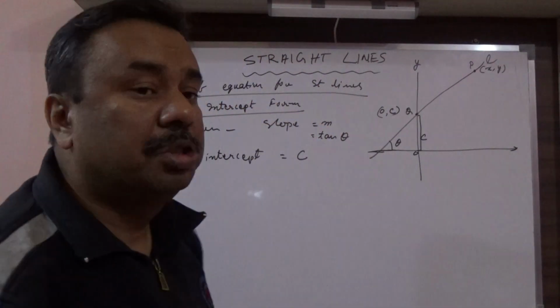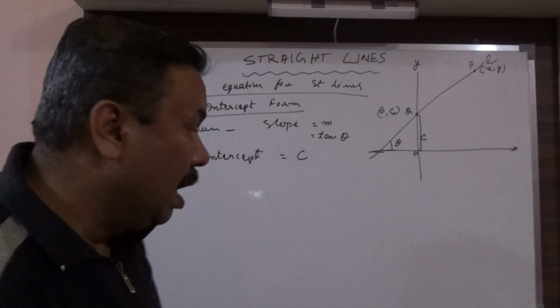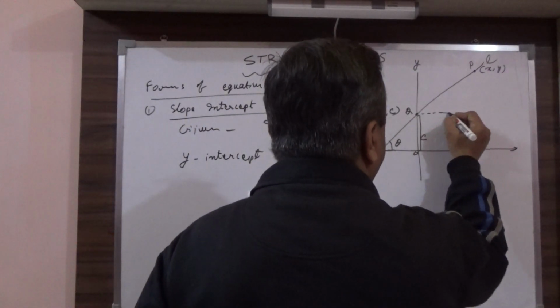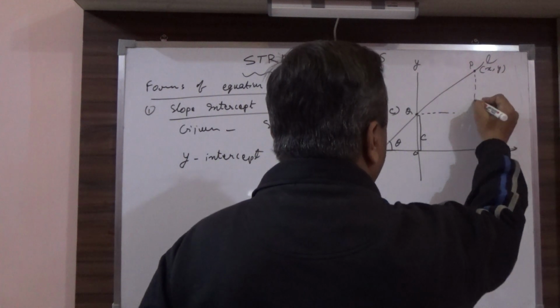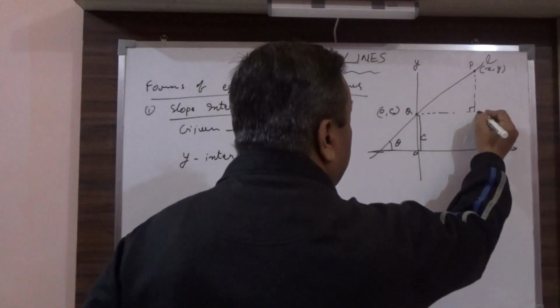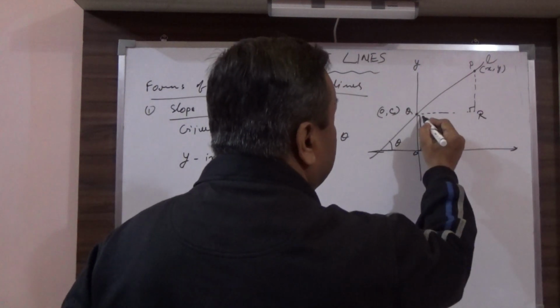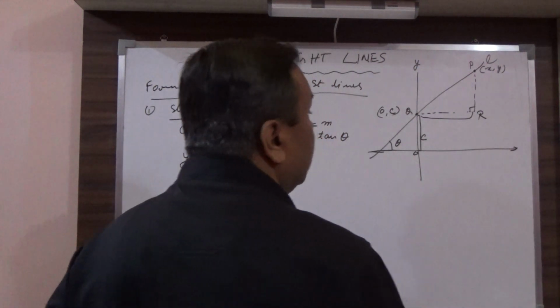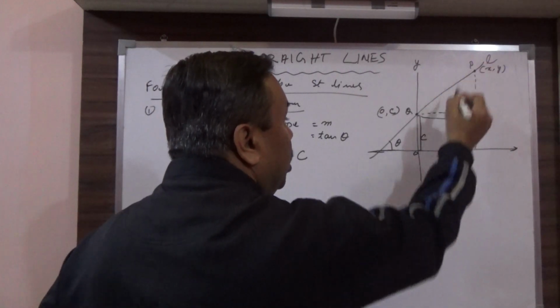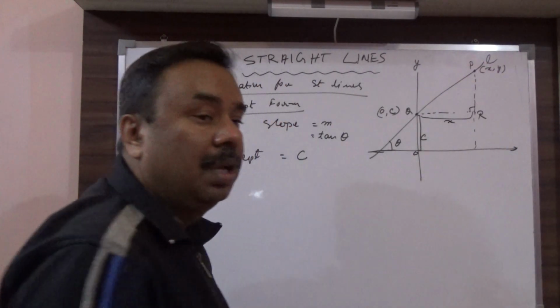Now what will be the slope? I can draw a line parallel to the x-axis and another parallel to the y-axis and make them intersect here. Suppose this is point R. Obviously this distance is equal to the x coordinate of this point, so this will be x.